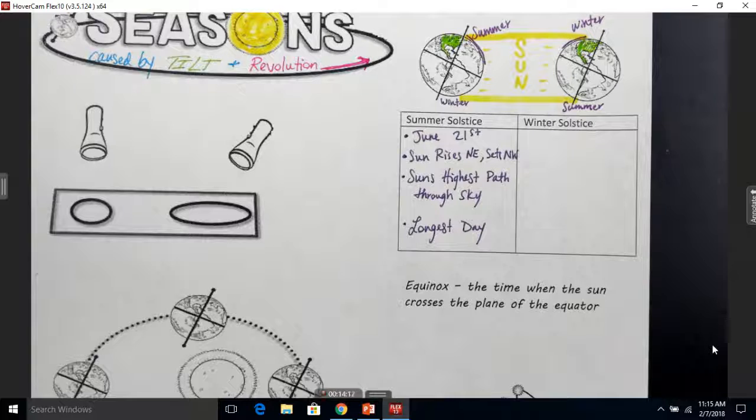Because it's the highest path that the sun has to take, so it takes longer. It's the most distance that the sun's going to travel, so it's the longest time.